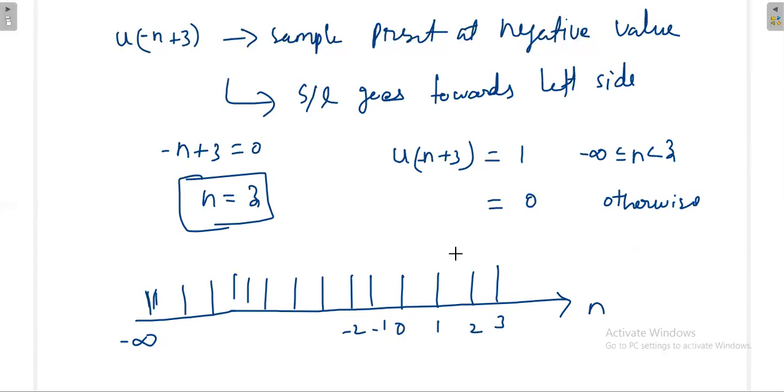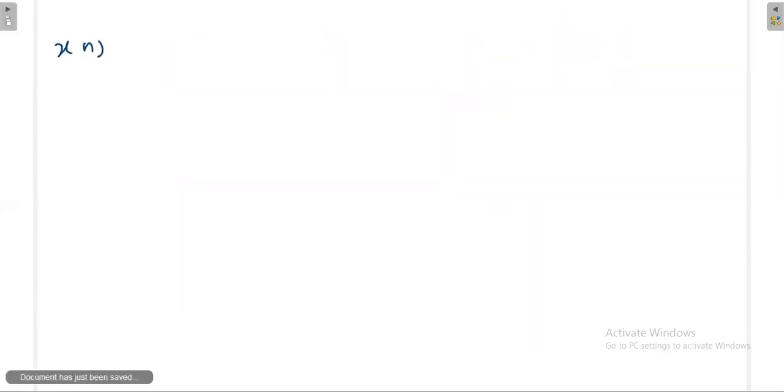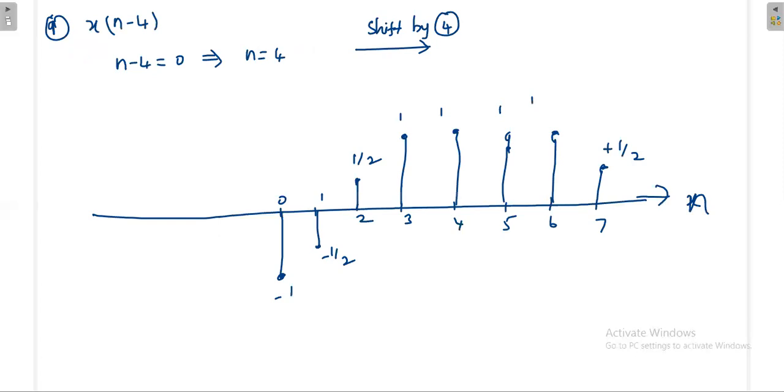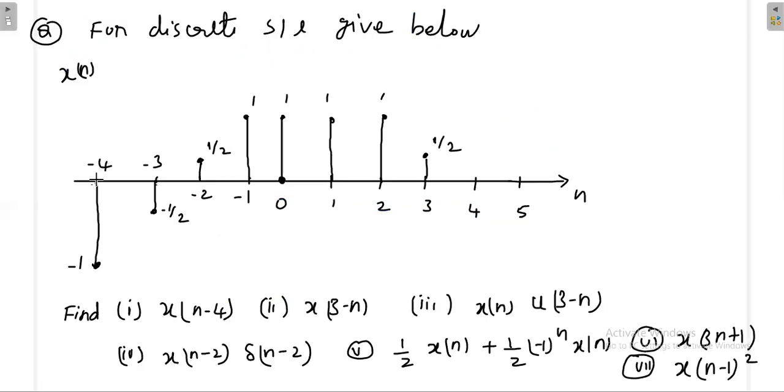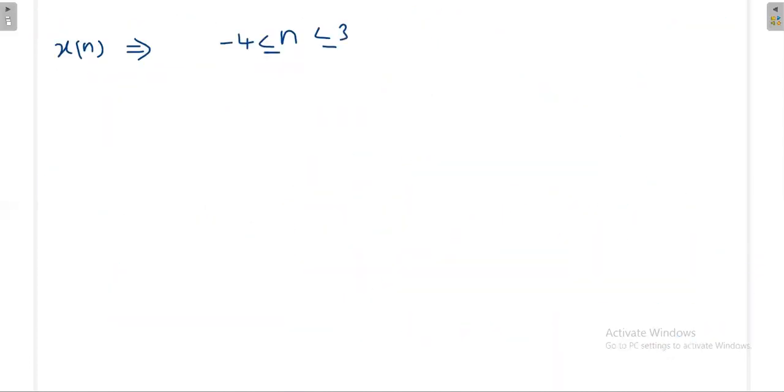Now you are having the original signal, where the original signal is going from minus 4 to 3. The x of n original signal is having time index in between minus 4 to 3, including minus 4 and 3.